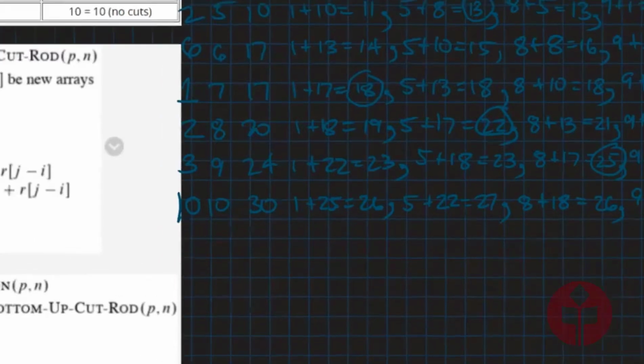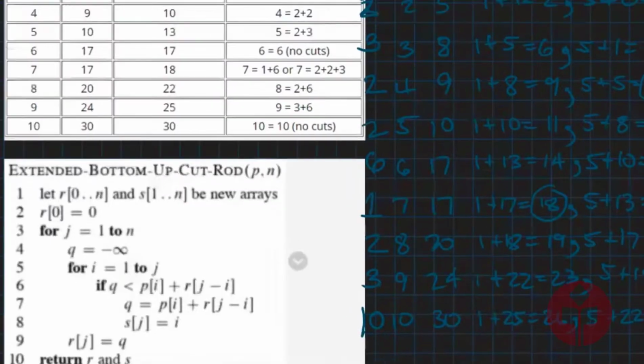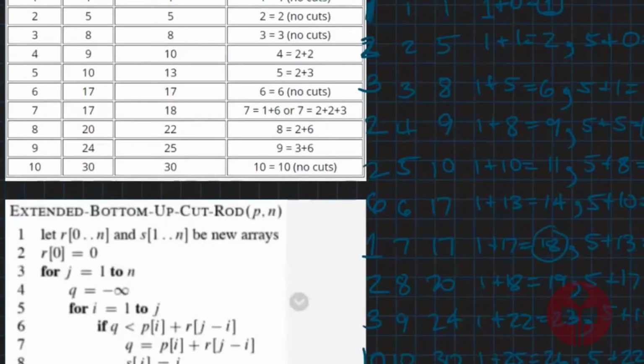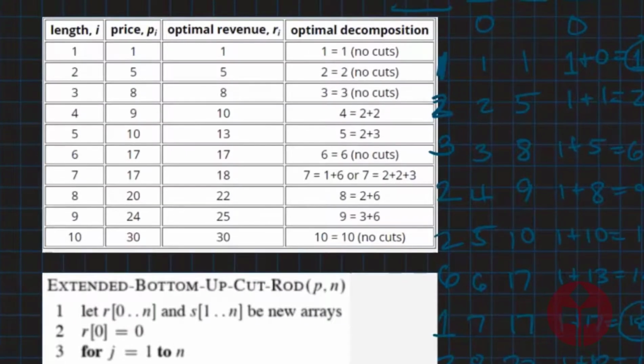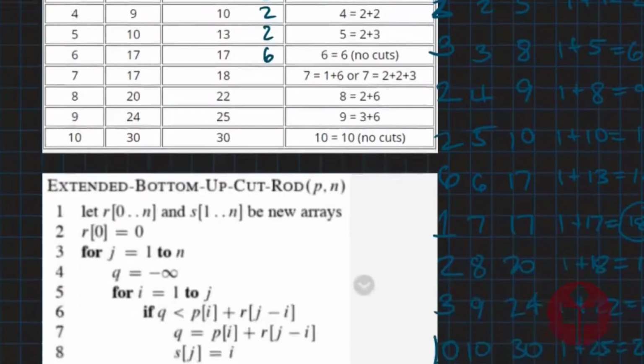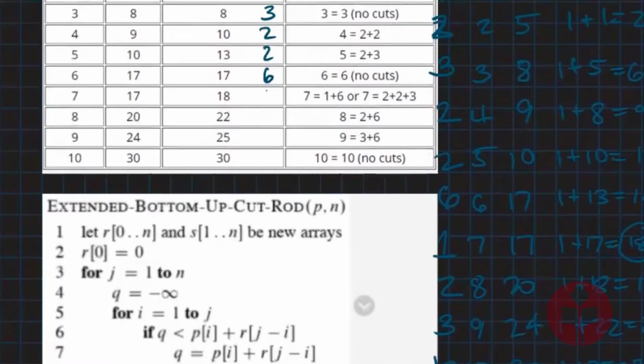Let me rewrite those numbers on this table so they're more visible. So we have 1, 2, 3, 2, 2, 6, and then 1, 2, 3, 10.